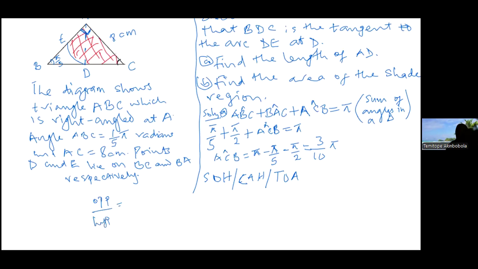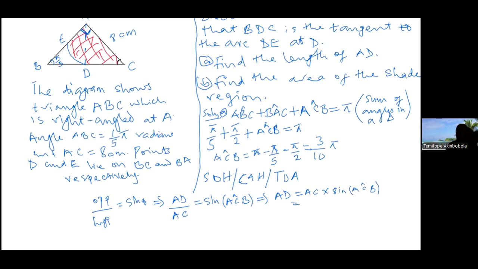equals sine theta. So this implies that AD over AC equals sine ACB that we have just found. So AD will now be equal to AC times sine ACB.